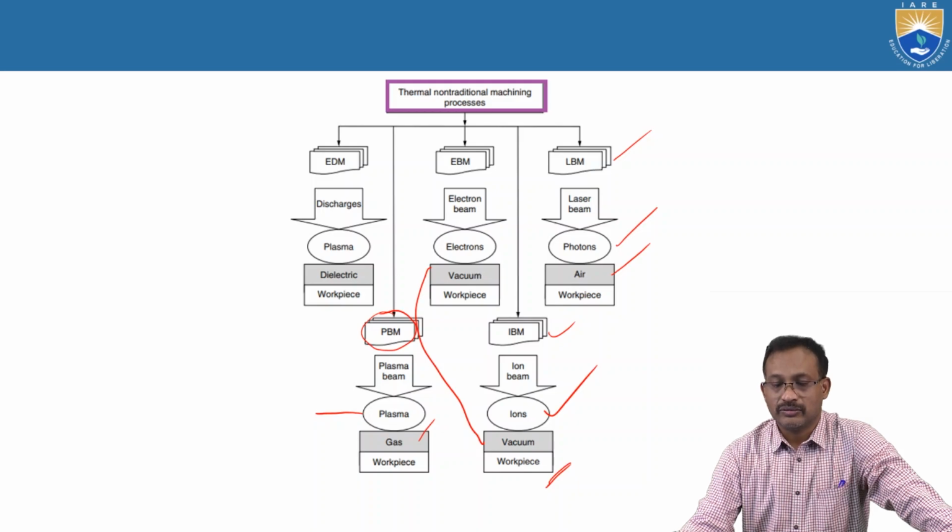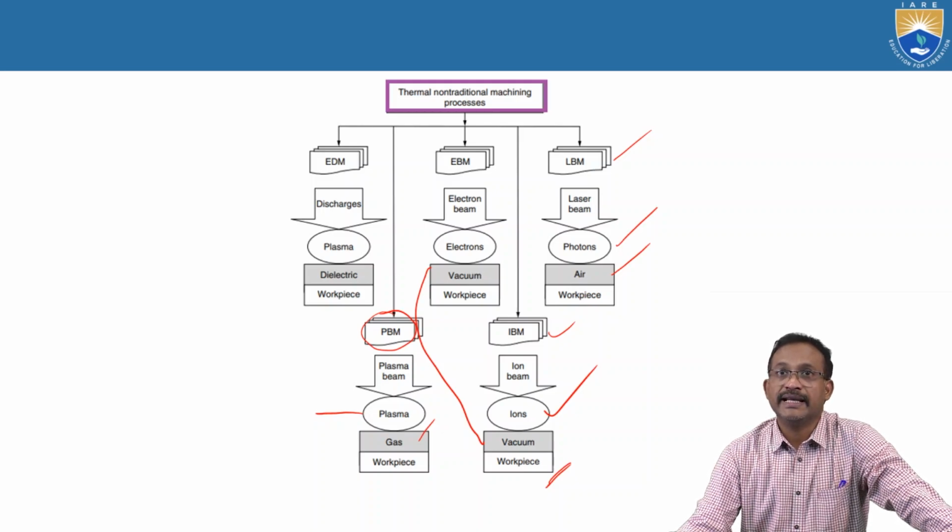Let me summarize the thermal non-traditional machining processes. There are five: EDM, electro discharge machining; EBM, electron beam machining; LBM, laser beam machining; PBM, plasma beam machining; and IBM, ion beam machining.